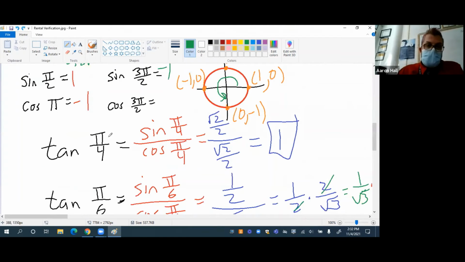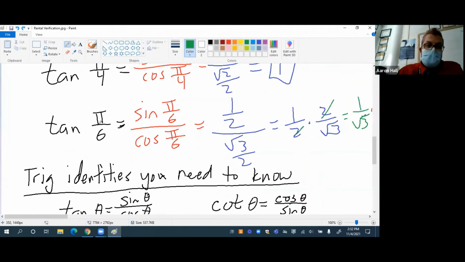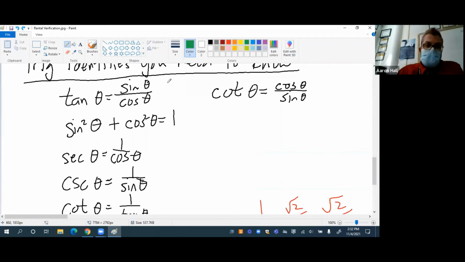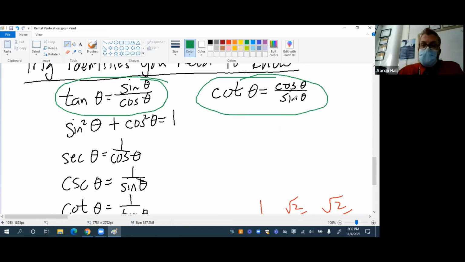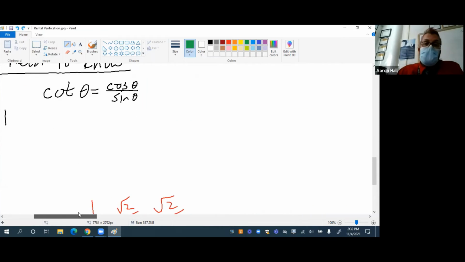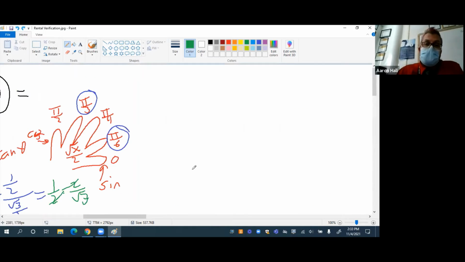Okay. So tangent is sine of theta over cosine of theta, and cotangent is cosine of theta over sine of theta. Now neither of these are inverses. So what is an inverse? Well, let's consider y equals sine of theta.